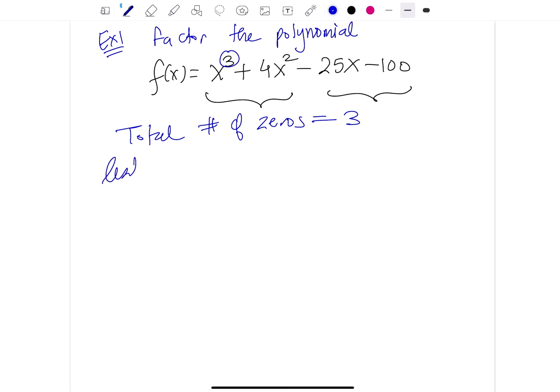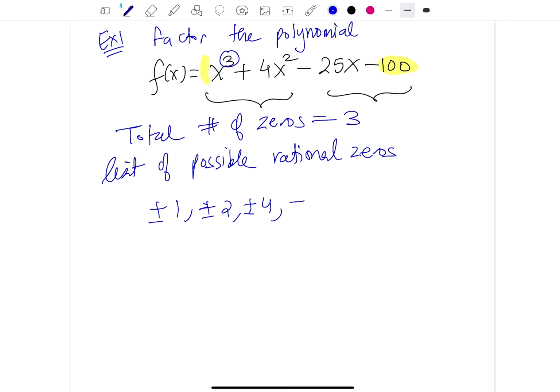So the list of possible rational zeros is going to be plus minus factors of the constant term divided by factors of the leading term, which is 1. So we just have to list all the factors of 100: plus minus 1, plus minus 2, plus minus 4, plus minus 5, plus minus 10, plus minus 25, plus minus 50, and plus minus 100.